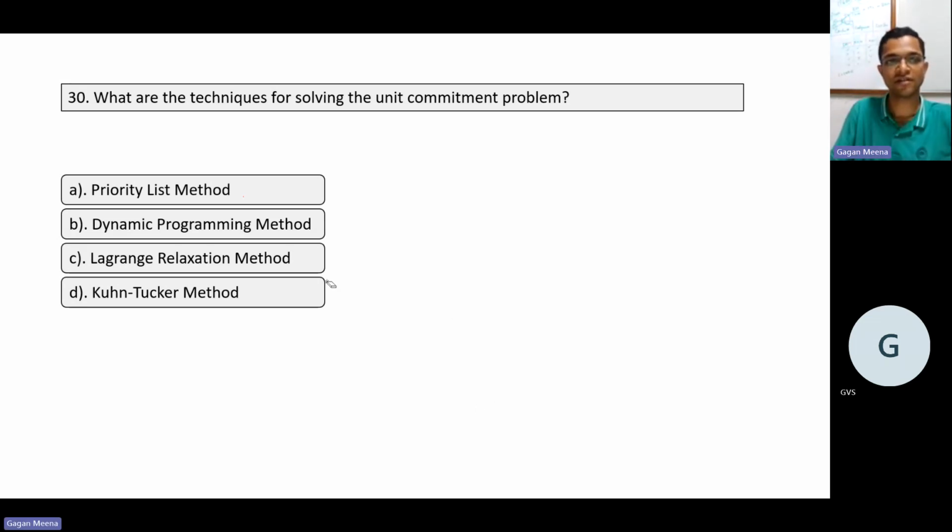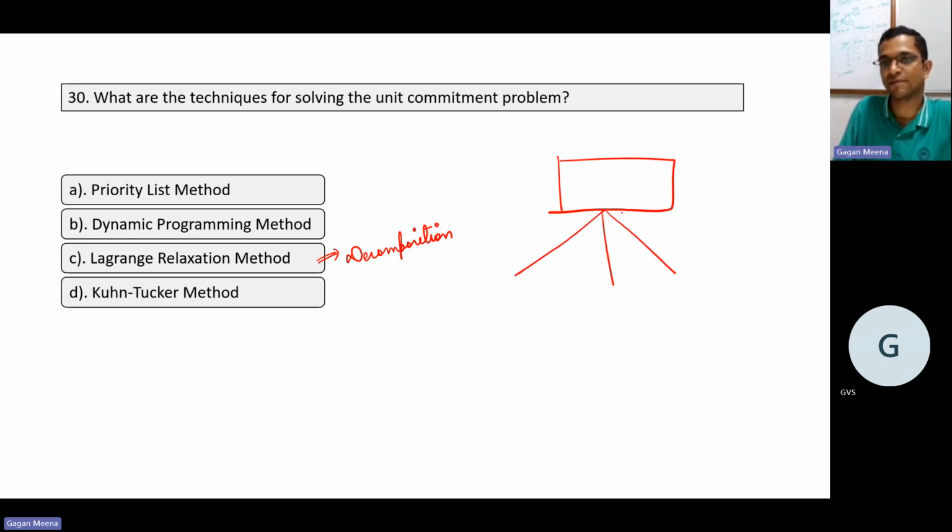Lagrange relaxation is a method for decomposition, for decomposing the problems into smaller, simpler problems. If we have one large problem, we decompose it into, let's say, n small problems.